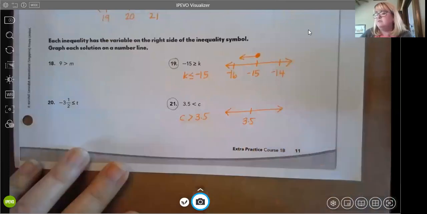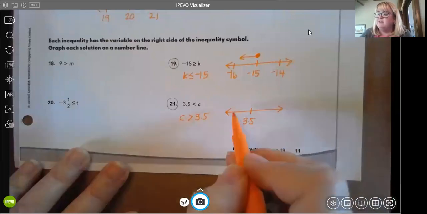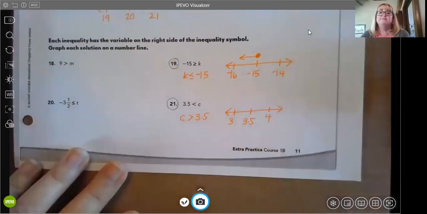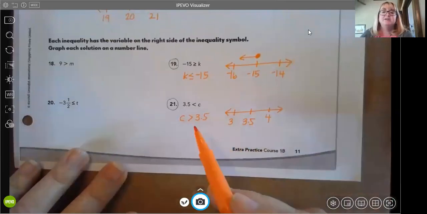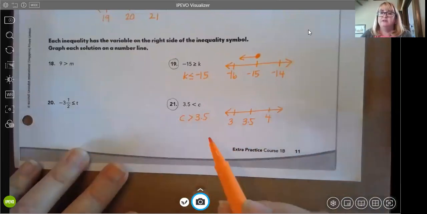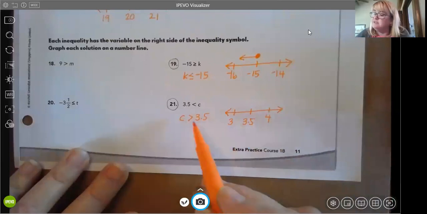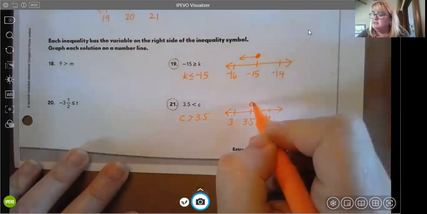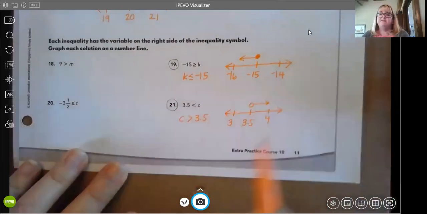I can make this 3 and this 4 because 3.5 is right in the middle. All right, C is greater than 3.5. Open or closed circle? Well, there's no little line under there, so it's open. Greater than goes to the right. So this is the graph.